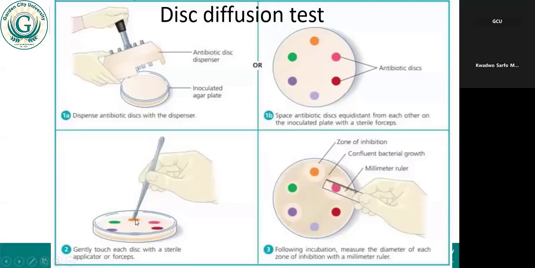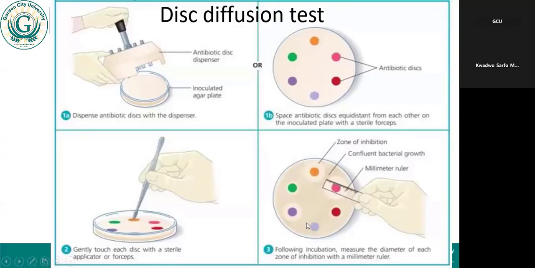Once you incubate, the antibiotics within the disc will diffuse onto the medium, and as the organisms grow, the antibiotics will get exposed to them and inhibit their growth. Once you bring them out, you will see a clear zone around the disc, meaning the organisms were not able to survive in the presence of that concentration of the antibiotic.